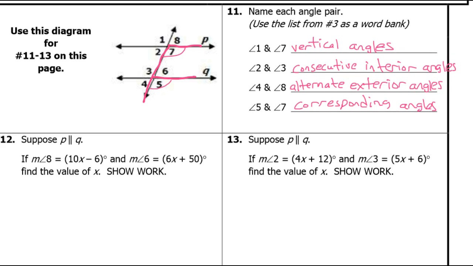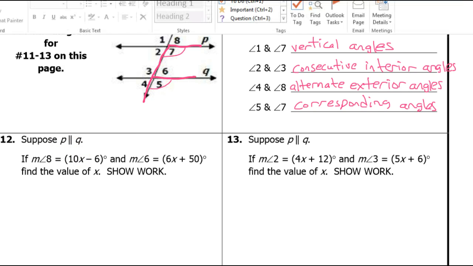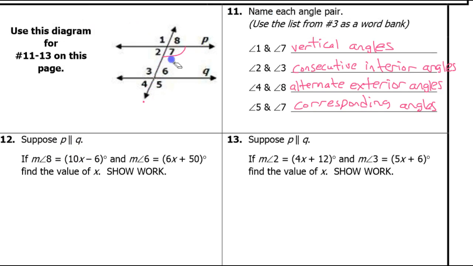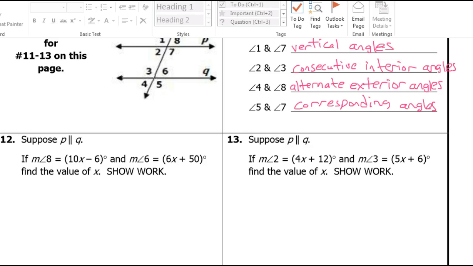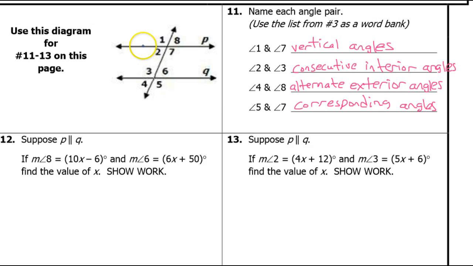Okay. Moving on to number 12. Suppose that P and Q are parallel. So notice we are not given that they're parallel in the diagram. When two lines are parallel, they can indicate that by putting some arrows on there like this.